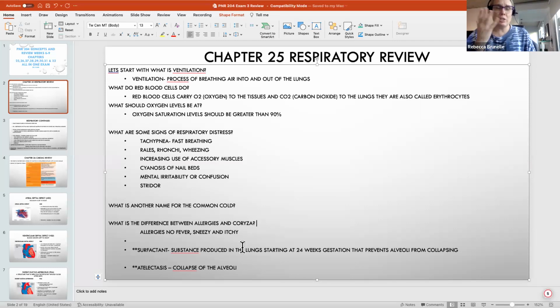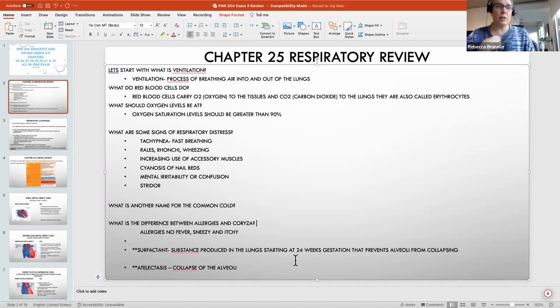With allergies, you still have the sneezing and the itchy, watery eyes, but there's no fever. So you should definitely be able to differentiate between having allergies and having the common cold. And just like with erythrocytes, you need to recognize that's the same thing as a red blood cell, you need to recognize that coryza is the same thing as a common cold.